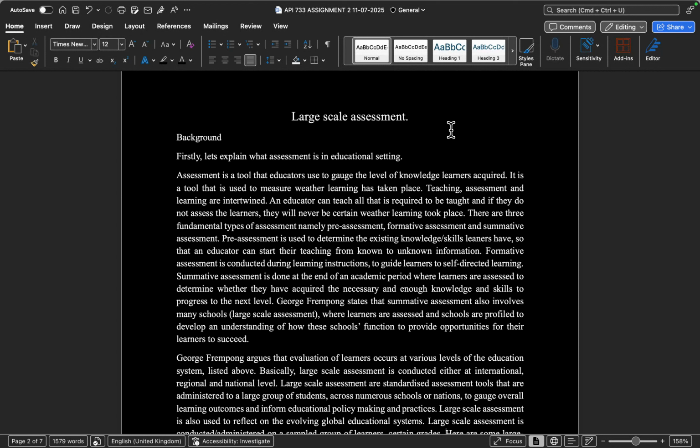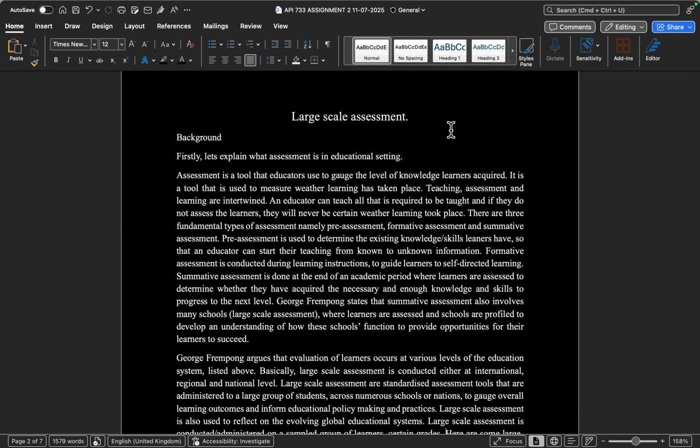Within summative assessment, we also learn that it can be conducted across a large number of schools, even countries or regions. That type of assessment is then known as large-scale assessment. That is how large-scale assessments came about.